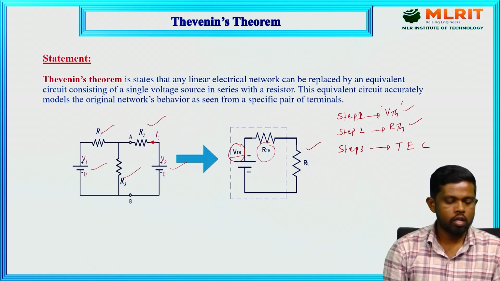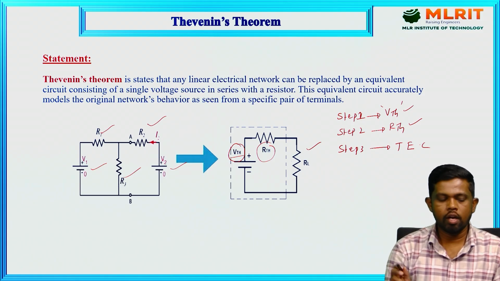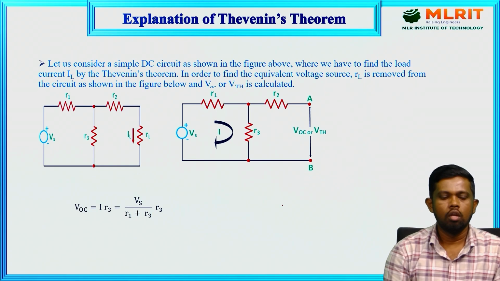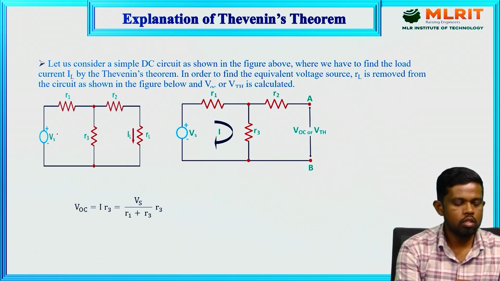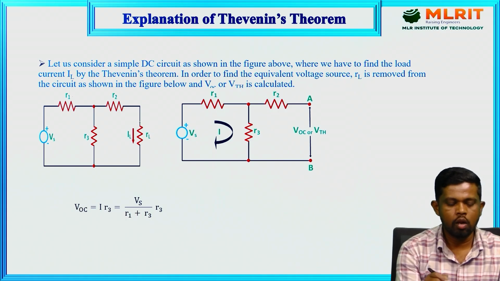Now let us discuss what procedure is involved to get the Thevenin's equivalent circuit. First we take this network, which has one voltage source, R1, R2, R3, and the RL value, the load resistor.